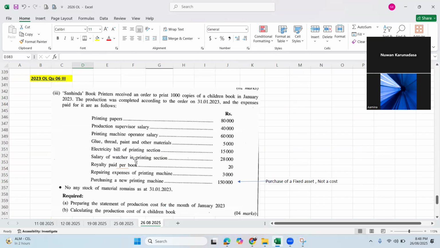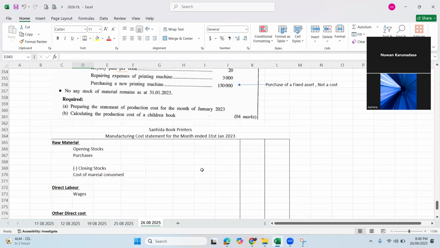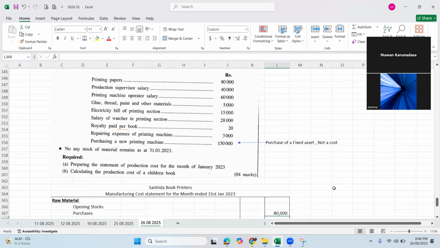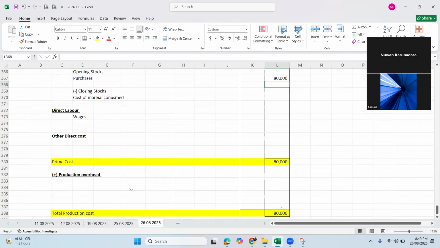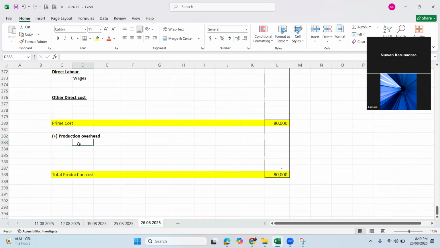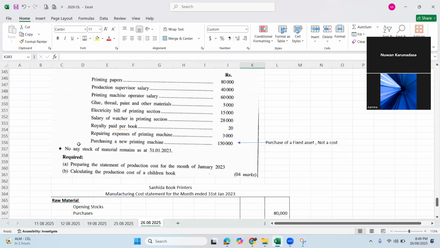Right. Printing papers, that is direct material, 80,000. Purchases here, direct material, 80,000. Then production supervisor salary, it is indirect cost, production overhead. How much is it? 40,000.